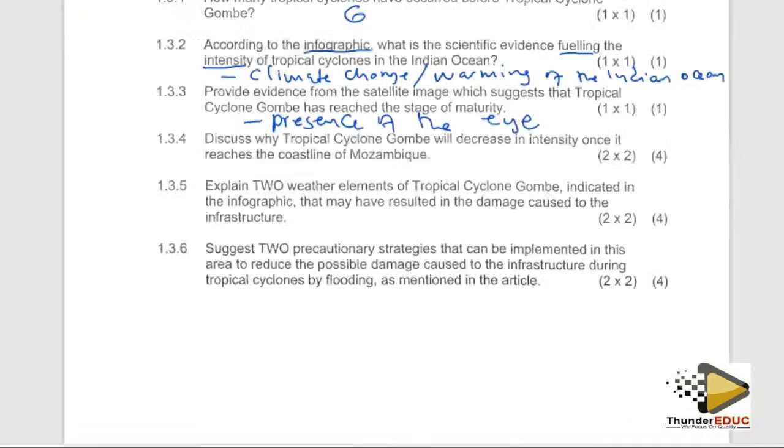Describe why tropical cyclone Gombe will decrease in intensity once it reaches the coastline of Mozambique. What will make it slow down? What will make it weaken? You see? So they are saying once it reaches the coastline of Mozambique.